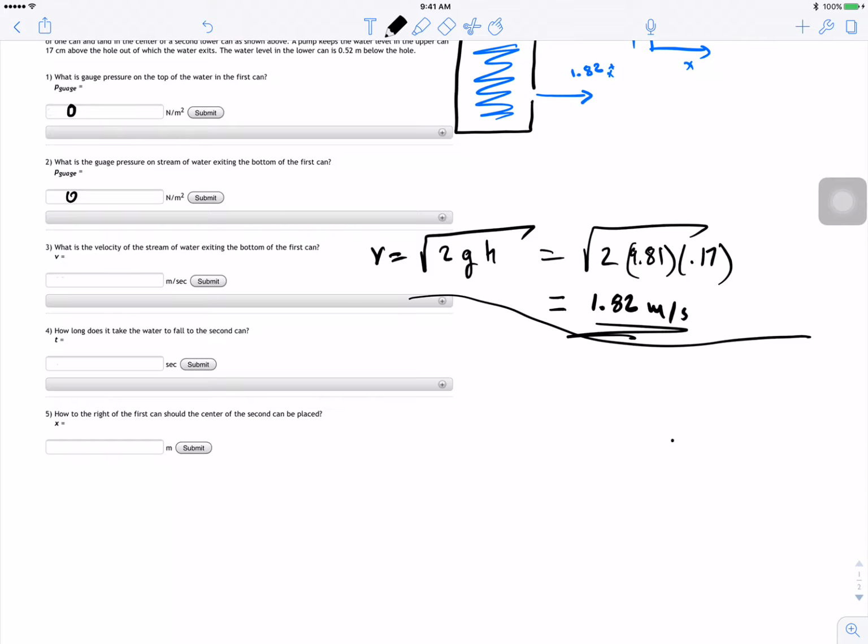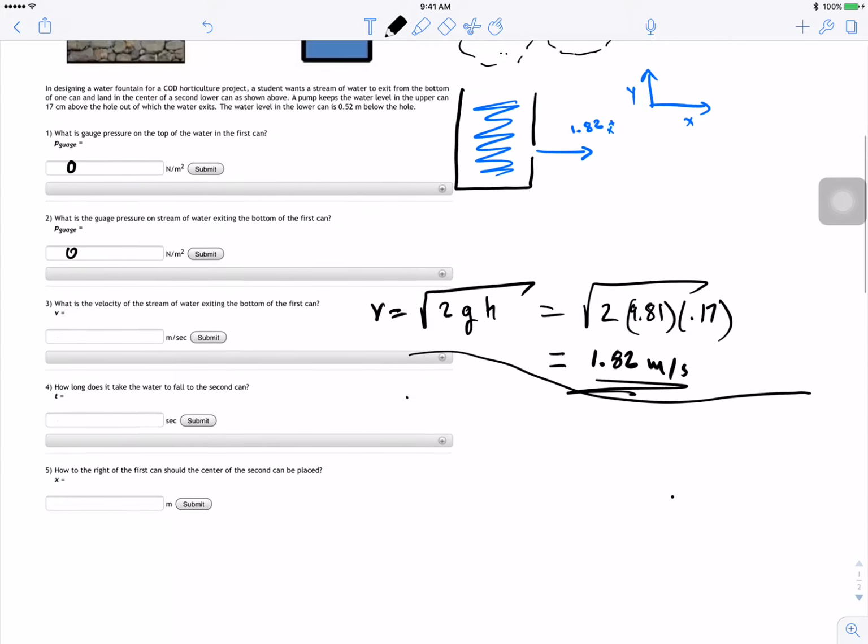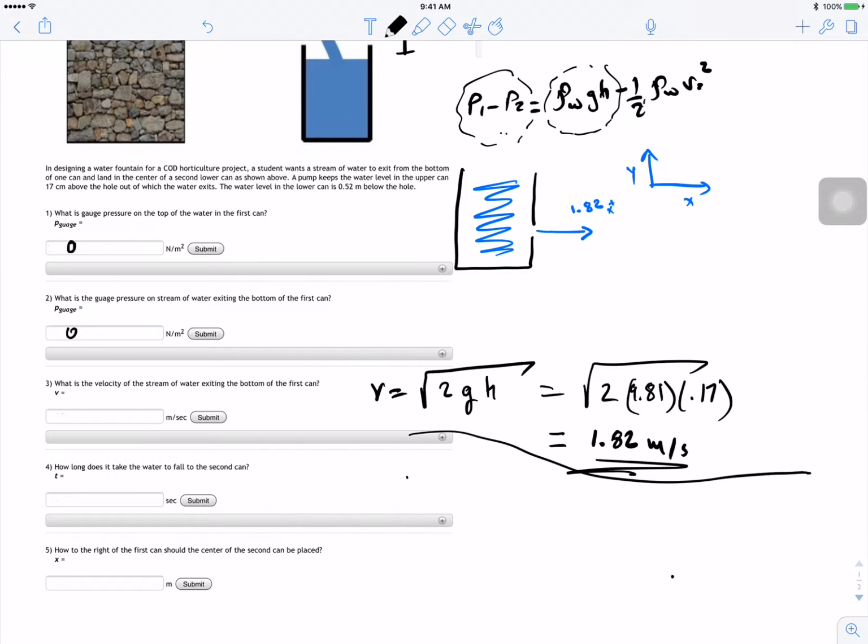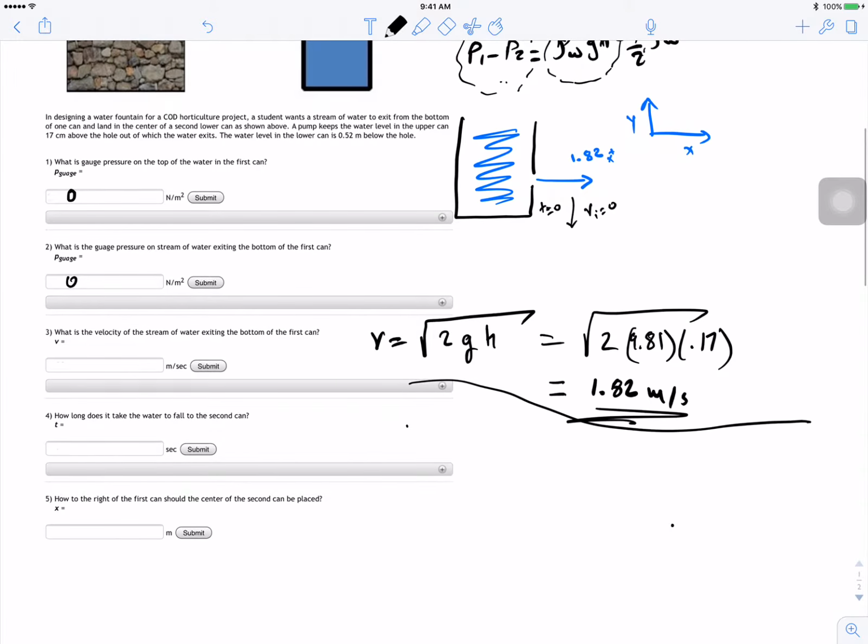So how long does it take for the water to fall to the second can? All right, so the initial velocity at time equals 0, the velocity in the y direction is equal to 0. So v initial is equal to 0 in the y direction. Okay, so v final squared is equal to v initial squared plus 2, and then the acceleration is just g, and then delta y.